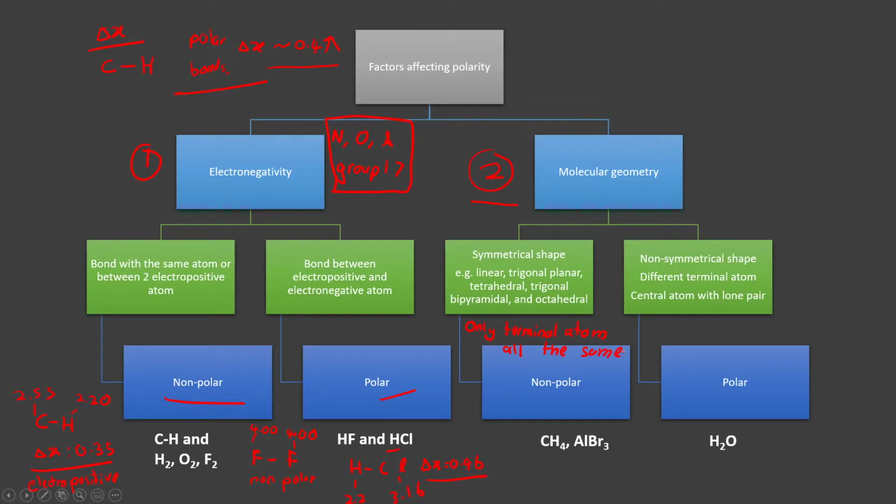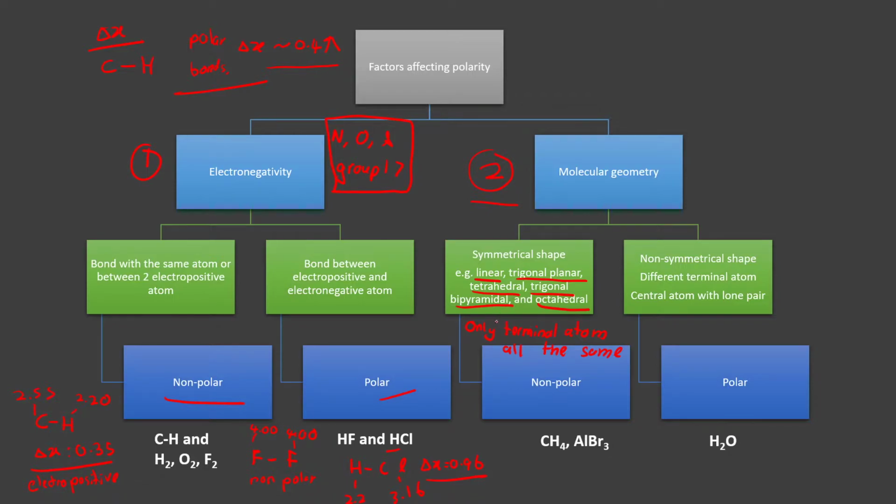Okay, symmetrical shape ni contohnya macam yang hari tu kita lukis tu, yang without lone pairs. So the basic shape, 5 basic shape tu, we have linear, trigonal planar, tetrahedral, trigonal bipyramidal, excuse me, octahedral.